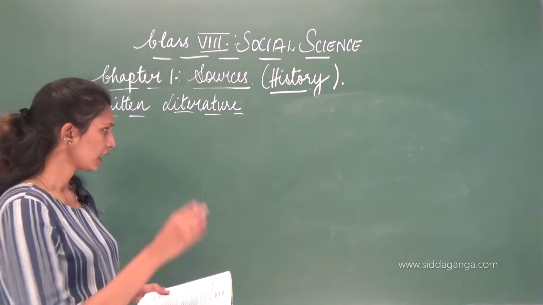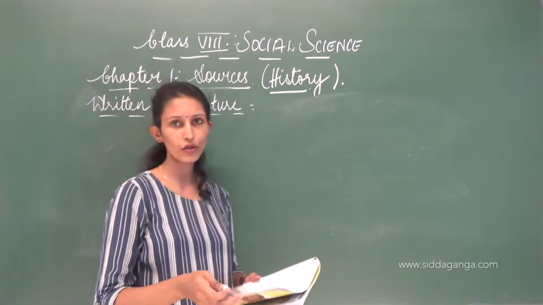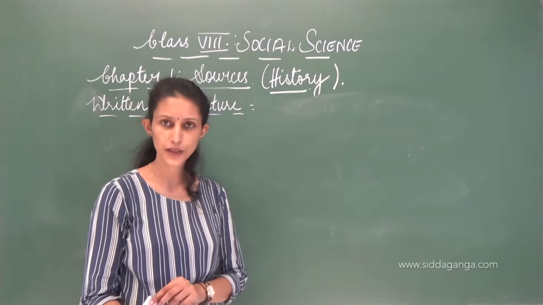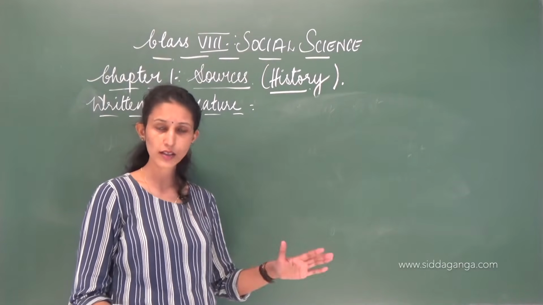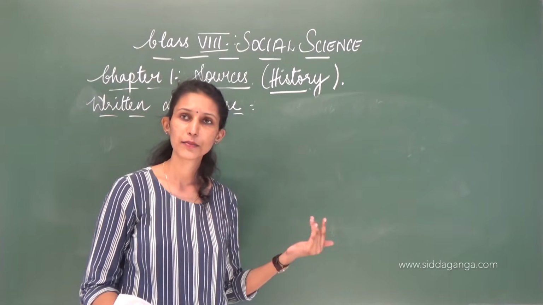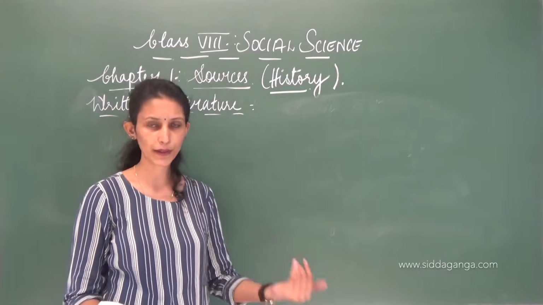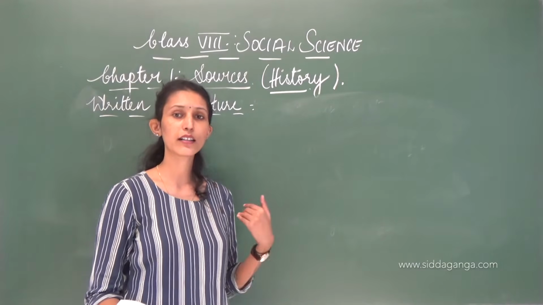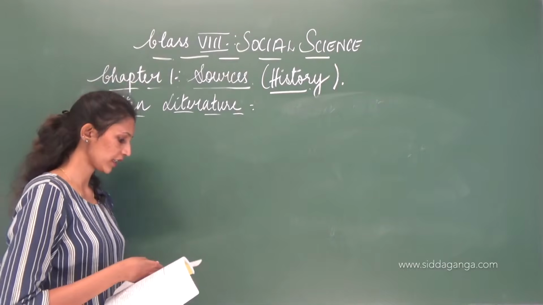Now, written literature is one of the main sources for the historians, one of the main sources of the literary sources. Written literature is easily acceptable because it is written, it is noted down, people may have done their research, and that is how they have got into bringing it.